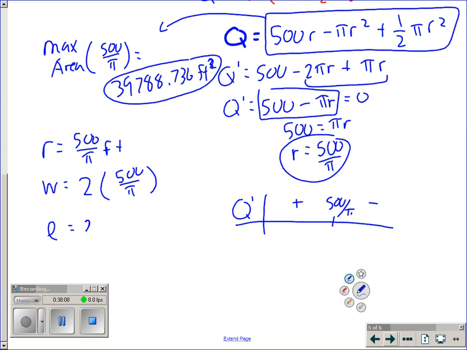It was 250 minus 1/2 pi r, which was 500 over pi. Sorry, it should be a minus. I think if you end up doing that, it equals 0.